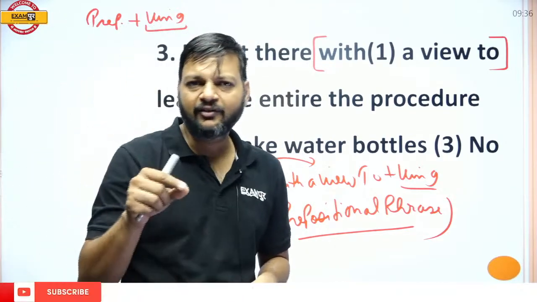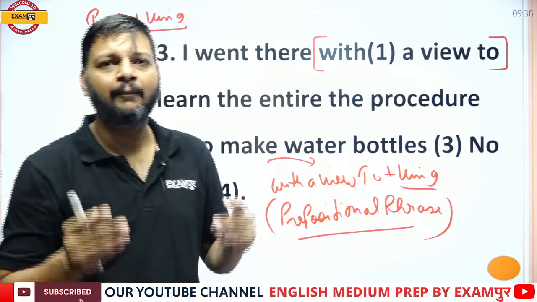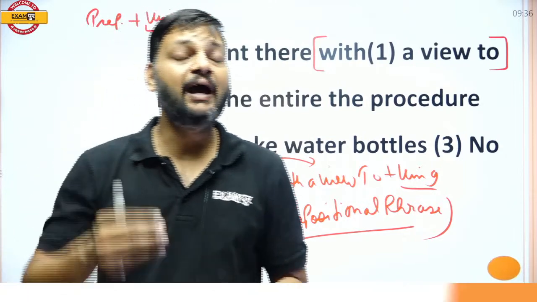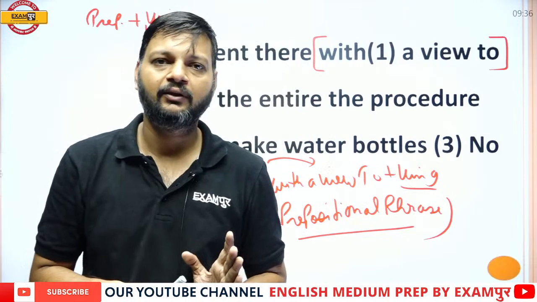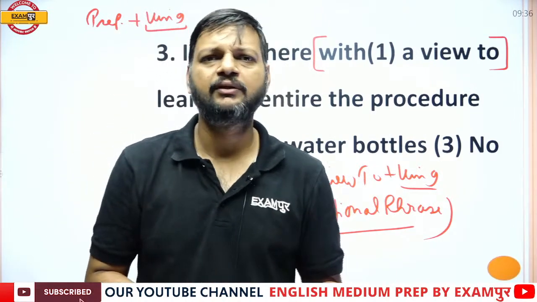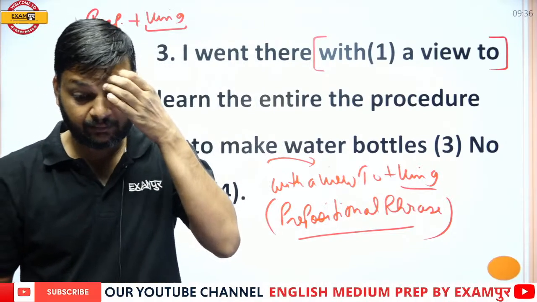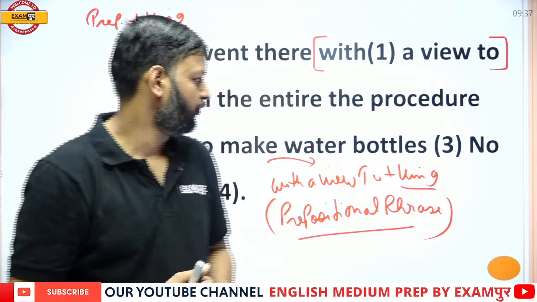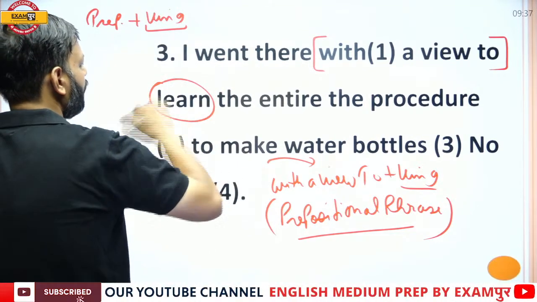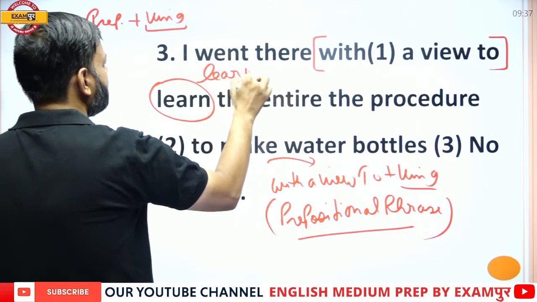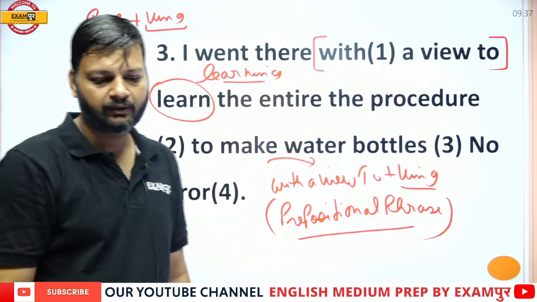This is a bit confusing, I totally agree, but you have to practice and memorize where to is preposition. There are some cases where to is preposition. So in this sentence, with a view to must be followed by a gerund. So here learn would be replaced by learning. Clear?